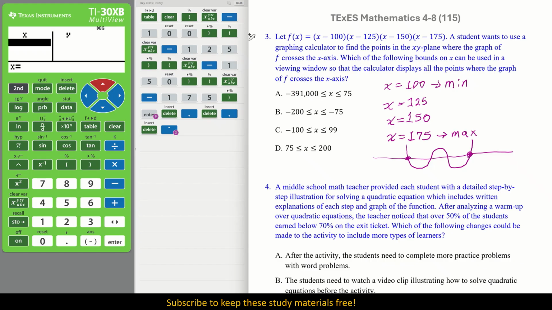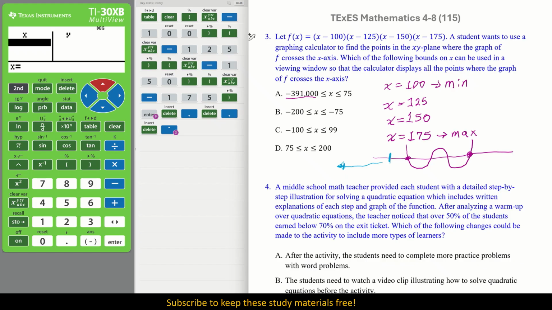But look at each of them. We have positive values. A is saying our window needs to be from a negative value only up to 75, which would be, let's just say 75's here. Then it would go to the other end, very far negative. I don't like that.